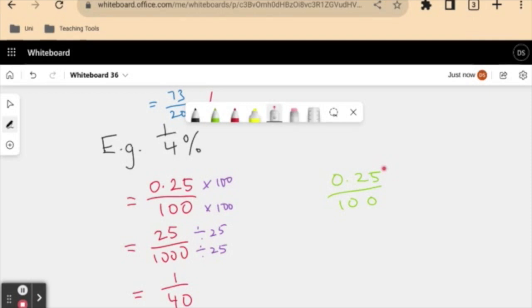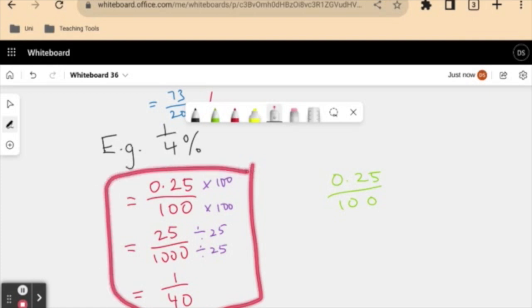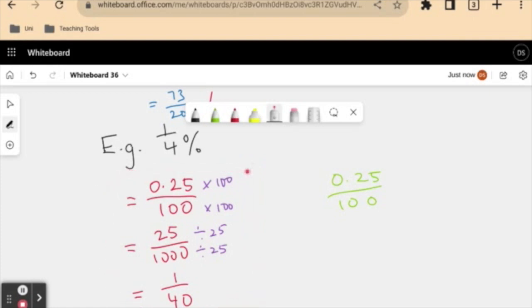So instead of going through all of this, now this for some of you may be easier because you'd like to just multiply by 10 or 100 or 1,000 and just get it to a nice whole number, then simplify from there. But I find this way on the right may be a bit quicker and could also save you a lot of time working backwards like we did here.